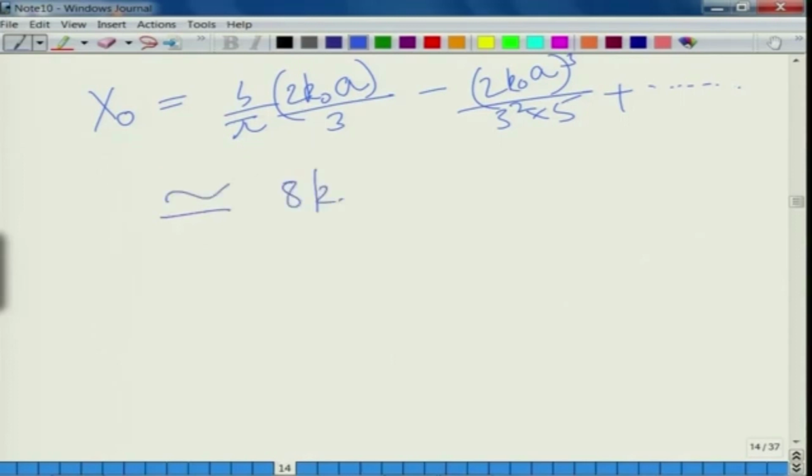Again 2 times k naught a by 3 pi is what we are going to get. So, how much is 8 by 3 pi? That is approximately equal to 0.85 times k naught a.